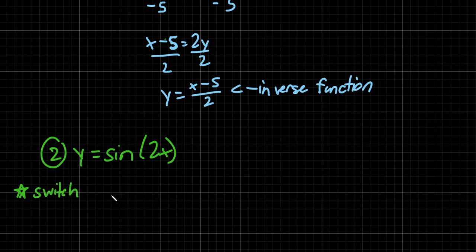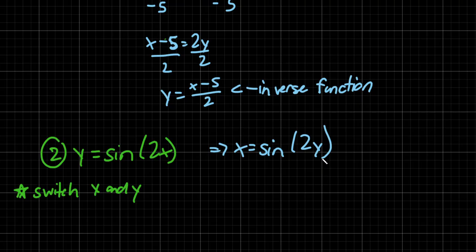Switch X and Y. Yep, X and Y. So if I do that, I now have X equals sine of 2Y. Gotta get Y all by itself. We gotta think back to geometry now.